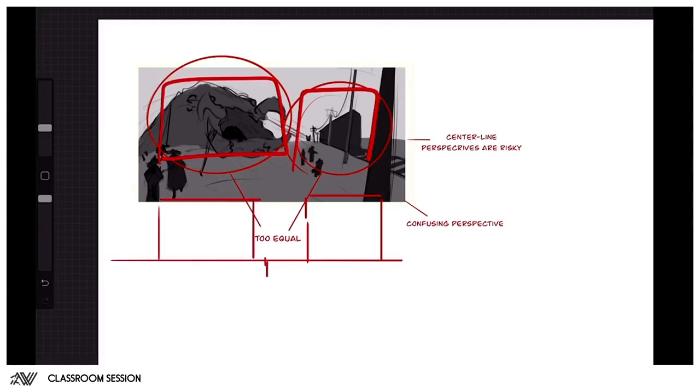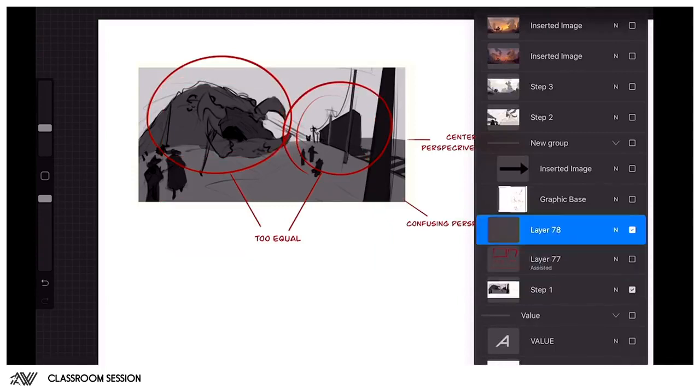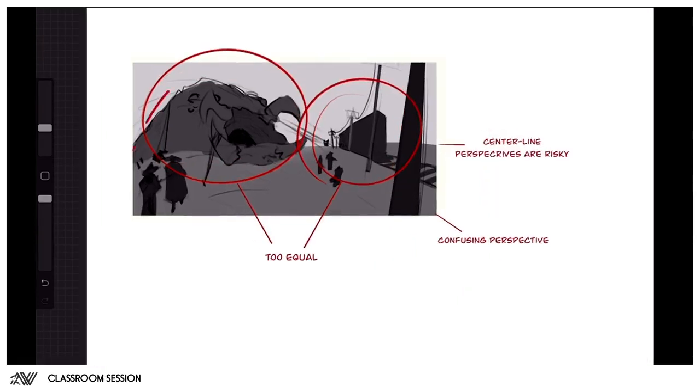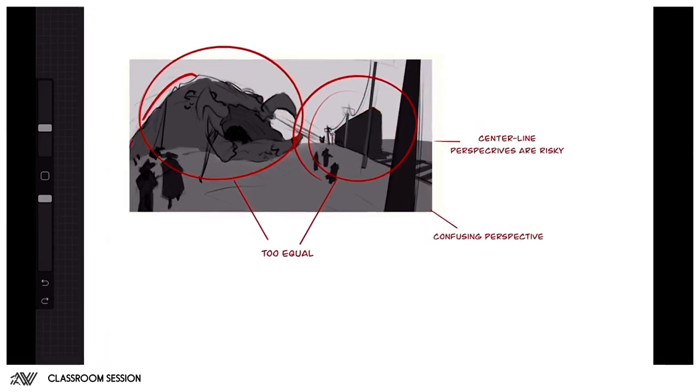And again, when it comes to real estate, another factor is that there's too much real estate divided to one element. And not only that, his horizon line is bang center in the middle of this composition.